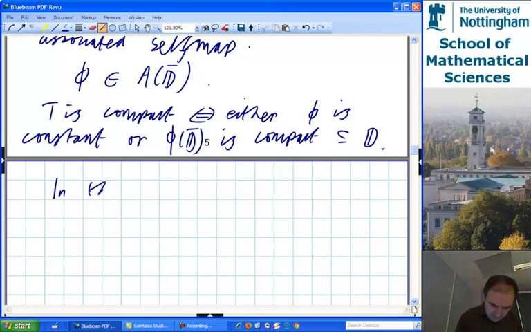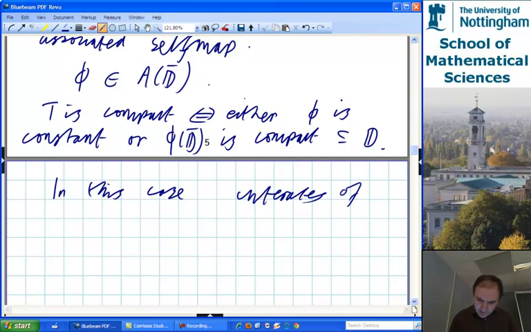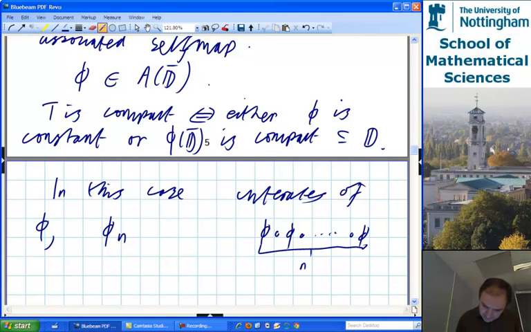In this case, the iterates of phi, which I'll call phi_n, so that's phi composed with phi composed with ... composed with phi n times. Actually, you can ask whether it's been composed with itself n times or n minus 1 times, since there's only n minus 1 compositions in there.